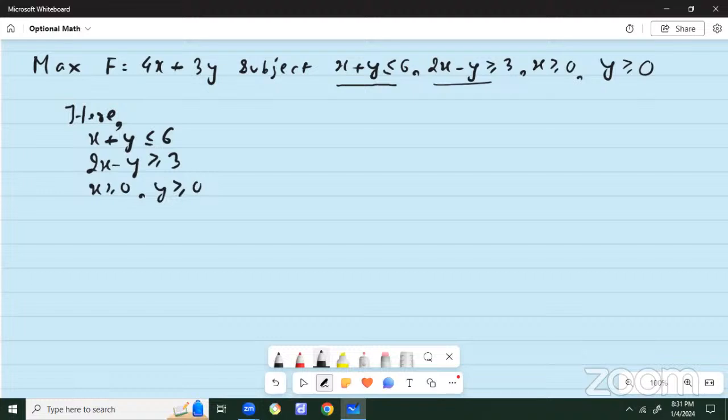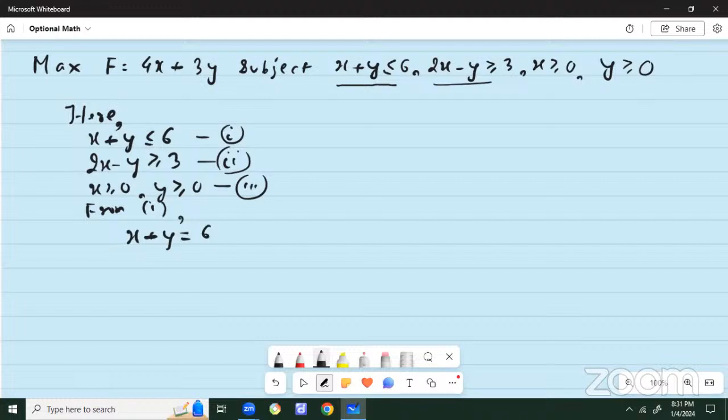Thank you very much. Now let's say these linear inequalities are named first equation, second equation, and third equation. So from one, as our friend said, we have to convert this linear inequality into equation in order to find the boundary line.